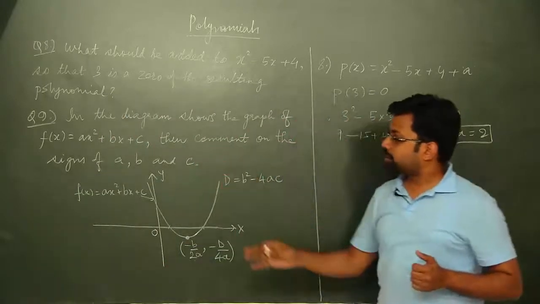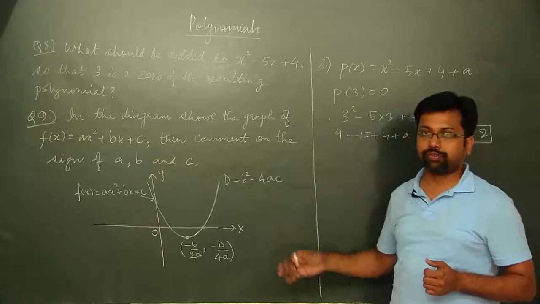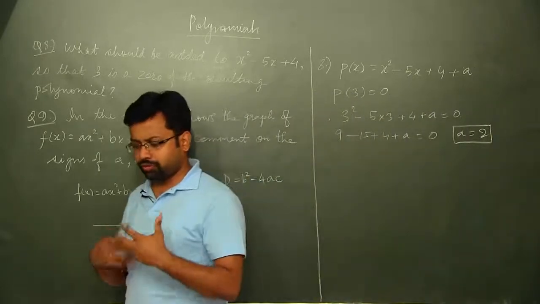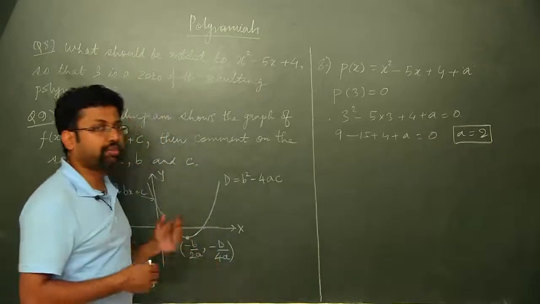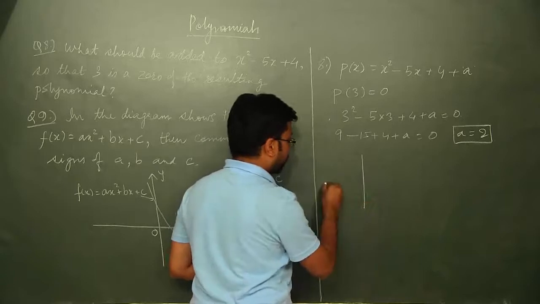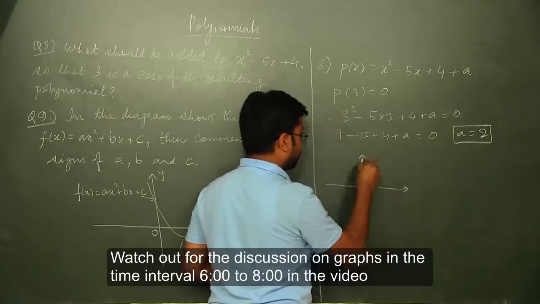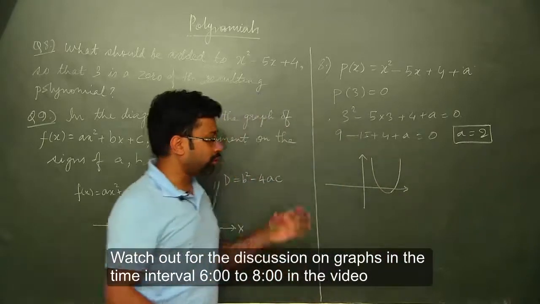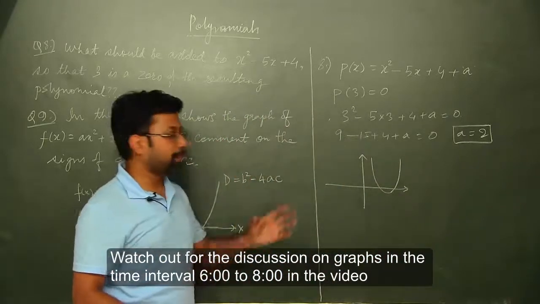Now this last question concerns the graph that you might have studied. We will be getting into the finer nuances of what the graph represents. Now if you have learned about graphs in this chapter, you would know that for a quadratic polynomial, the graph is a parabola.